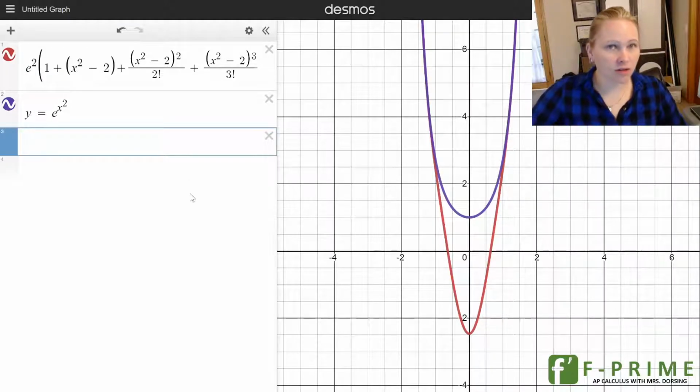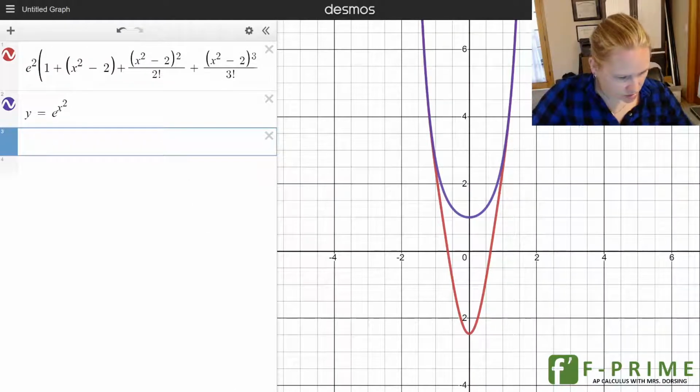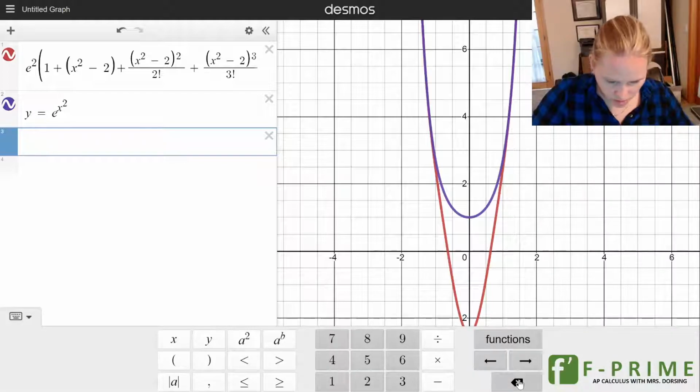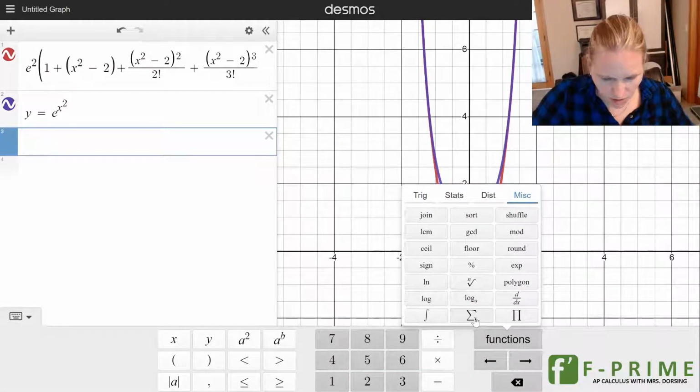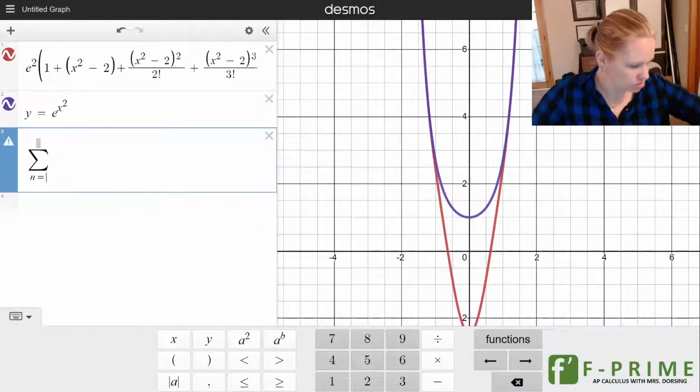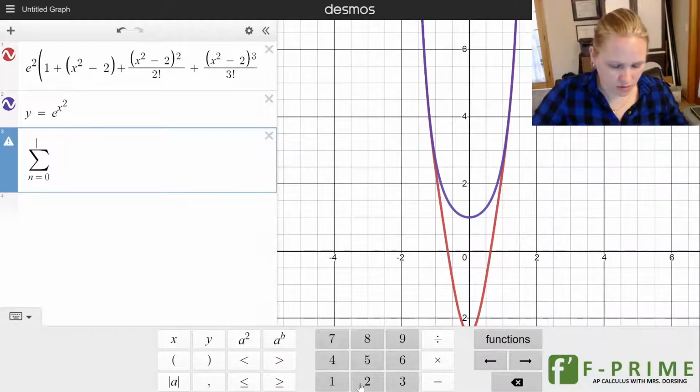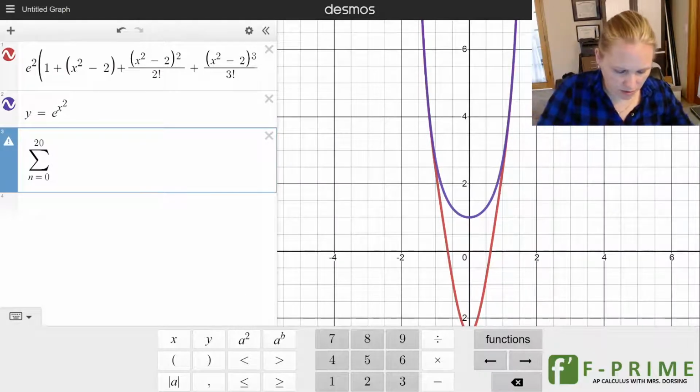If you go down to the little keyboard, you can go to your functions. It's under miscellaneous, and right there, there's your sigma. So as long as you know where you're starting, n equals 0, up to, and now you can't type in infinity, right? So just go to like the 20th term. Anything beyond the 20th term, you might be getting a little crazy.